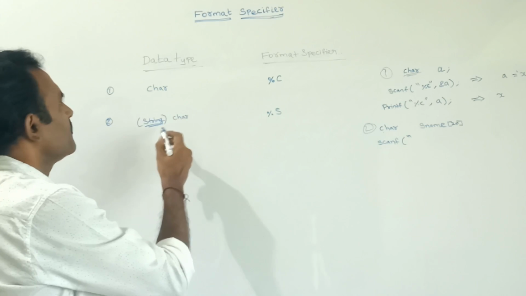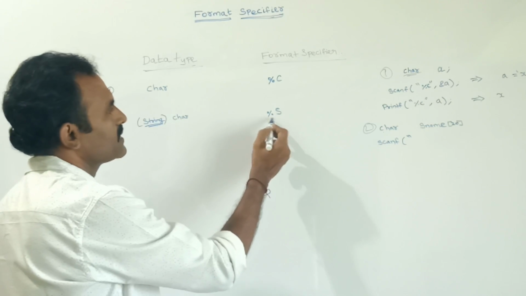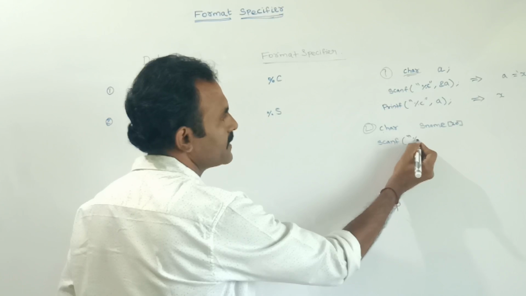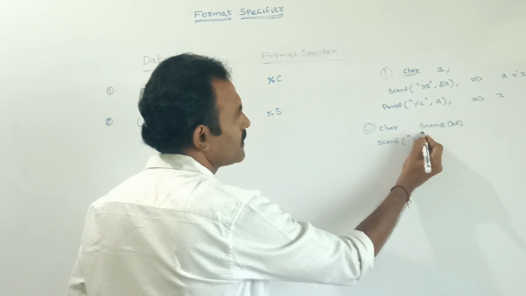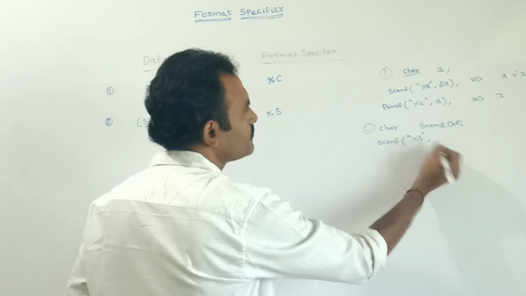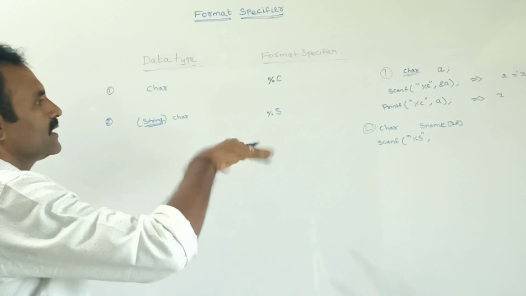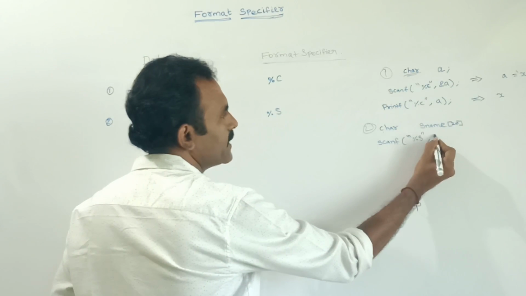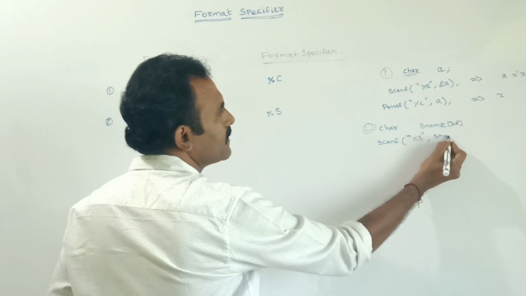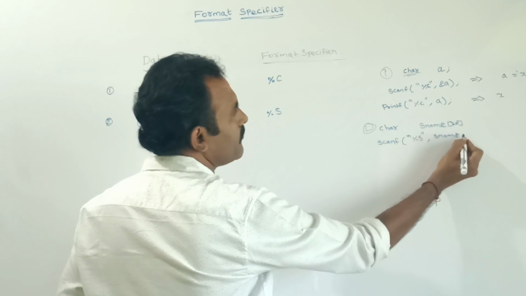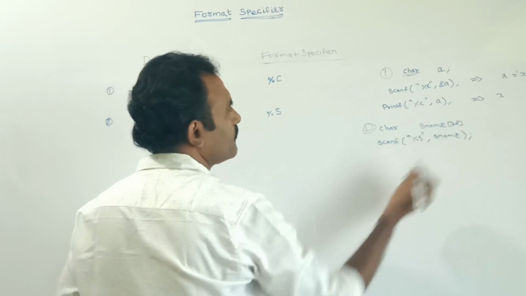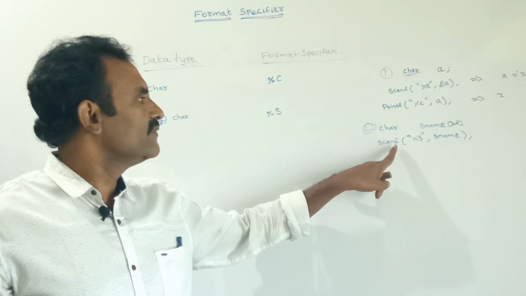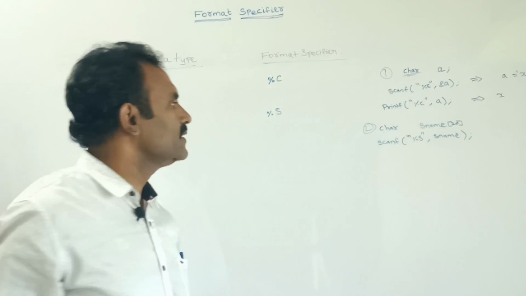What is the format specifier for string? %s, so you should give %s here. And the second parameter is the variable name, sname. In this step we give the input to the variable sname.